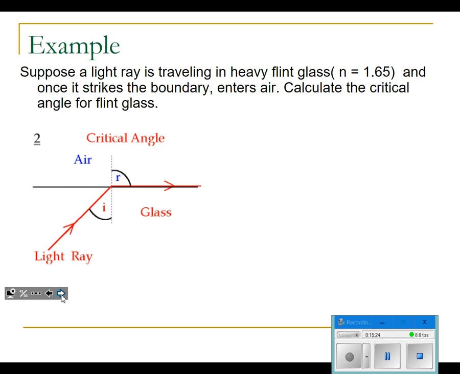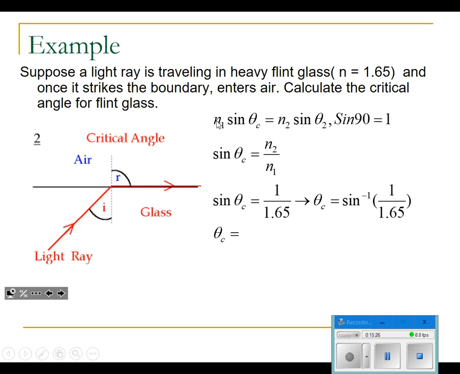So we're going to use Snell's law, and n1 sine theta critical equals n2 sine theta 2, and we know that sine theta 2 should be 1 because theta 2 is going to be a 90-degree angle. So we're going to do 1, which is our index of refraction for air, divided by our flint glass, and then we're going to do our inverse trig function, which should come up with 37.3 degrees.